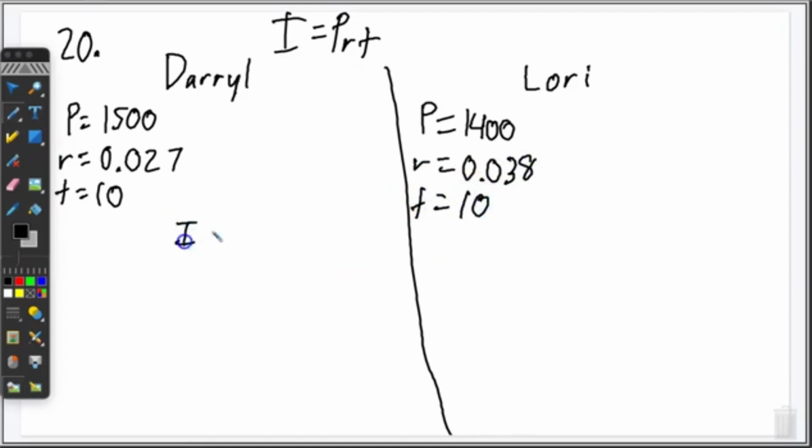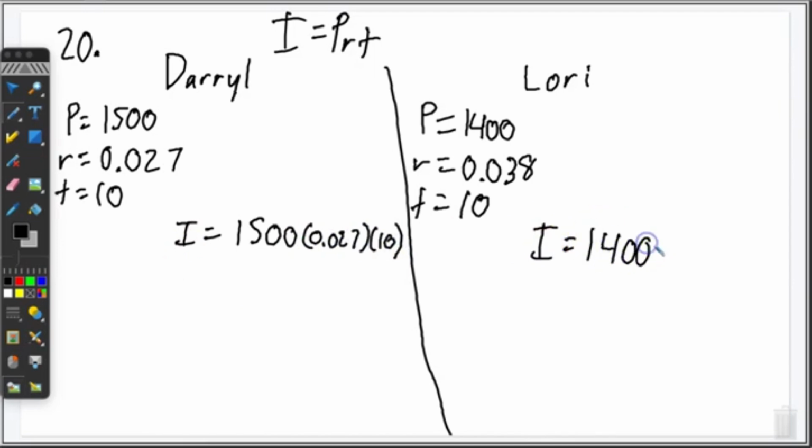So I equals 1,500 times 0.027 times 10. I equals 1,400 times 0.038 times 10. I'm not going to just multiply them all together.